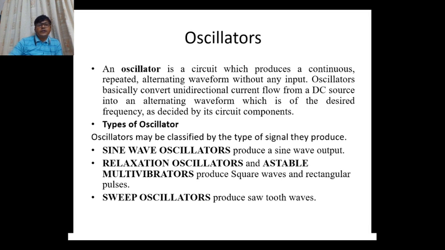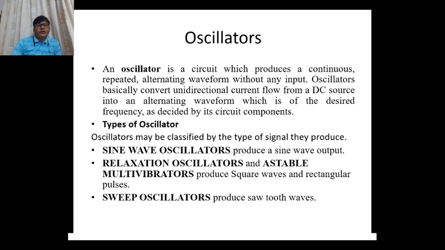An oscillator is a circuit which produces a continuous repeated alternating waveform without any input. That is, without any input you can get the continuous output. Oscillators basically convert unidirectional current flow from a DC source into an alternating waveform.